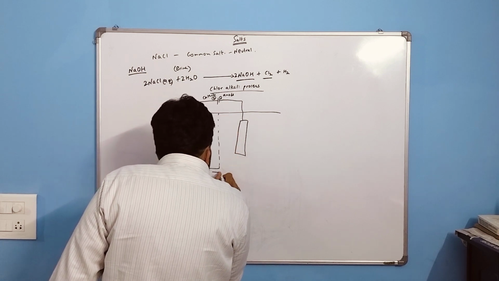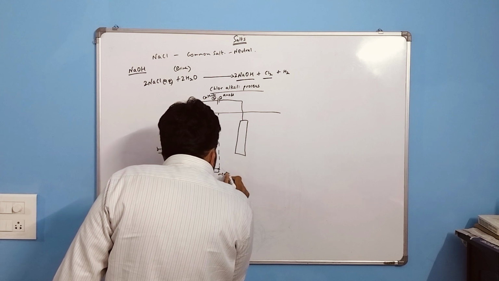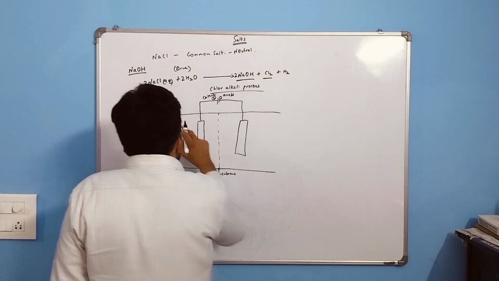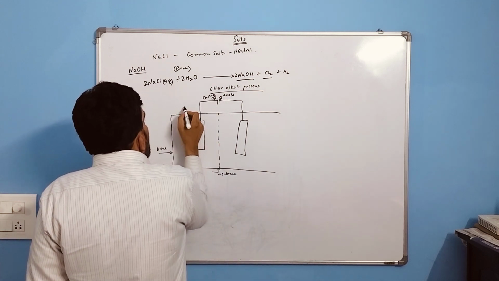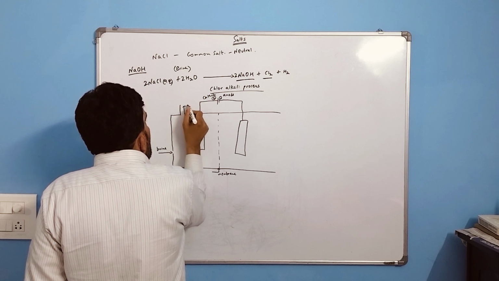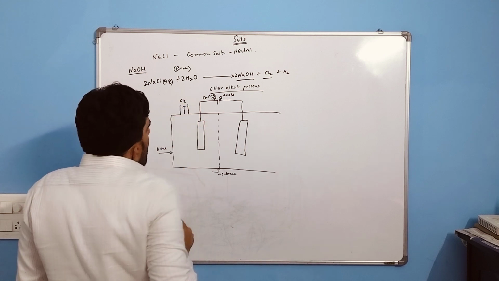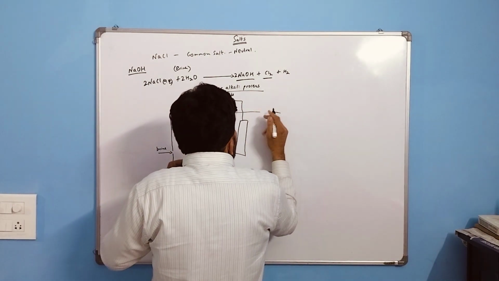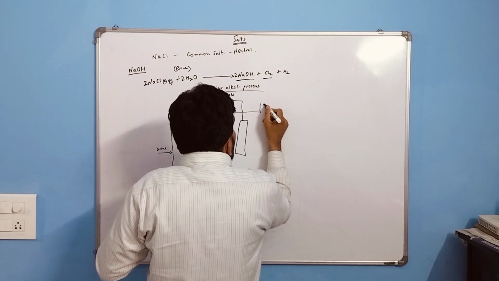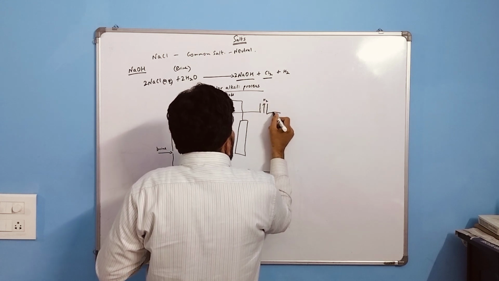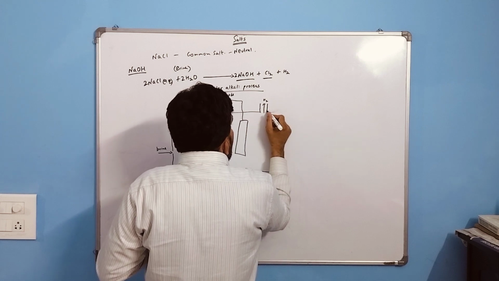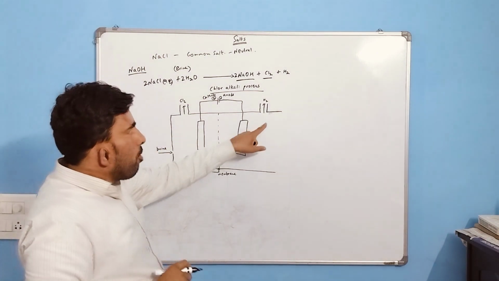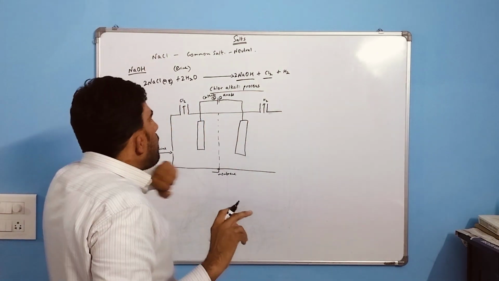Now what happens is, let me show you, so you will be able to easily identify that chlorine gas is given off at cathode and hydrogen gas is given off at anode.